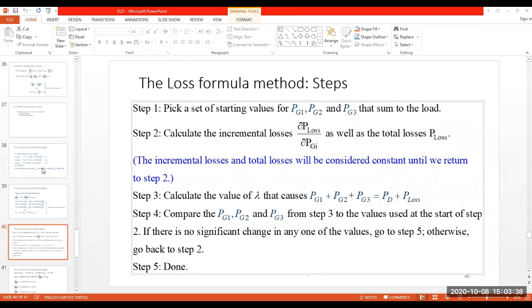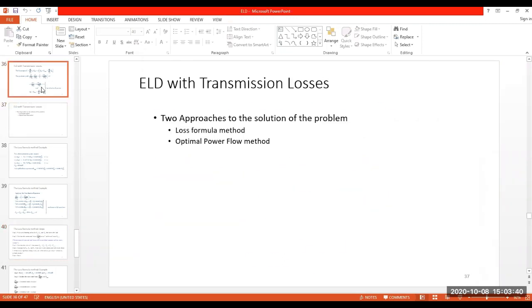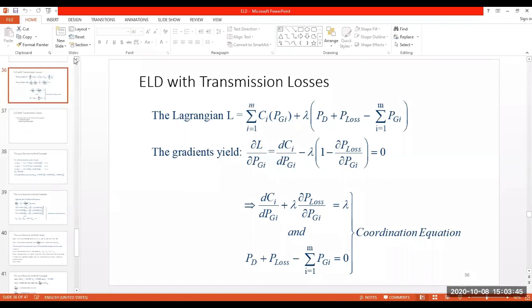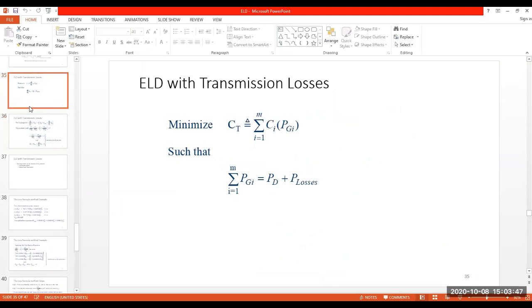Your equality constraint equation, remember, if I go back to slide 35, you see the summation of generation should be equal to the demand plus losses. But in the loss formula method, the solution technique, to start with, doesn't consider the P loss.